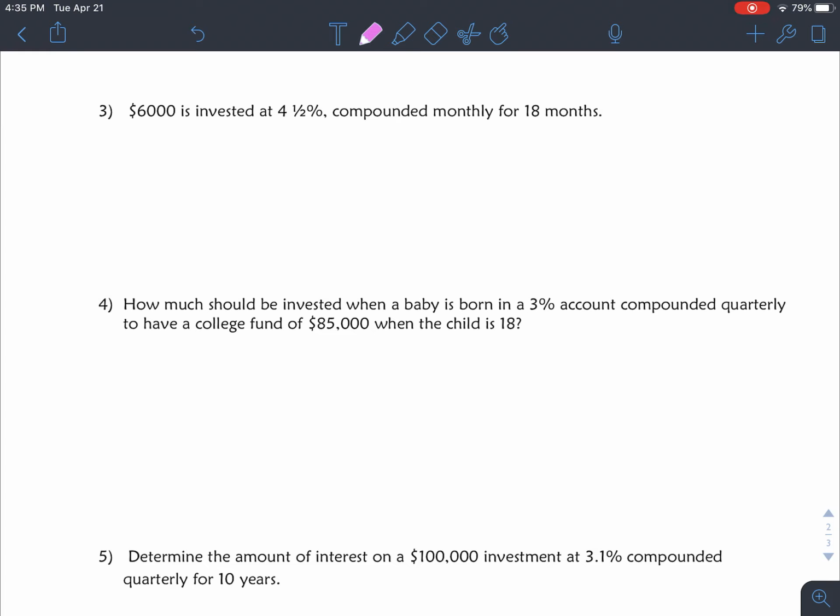So, A, we don't know. P, we know is $6,000. We know 1 plus my rate is, this is really 4.5, so 0.045. It's compounded monthly.